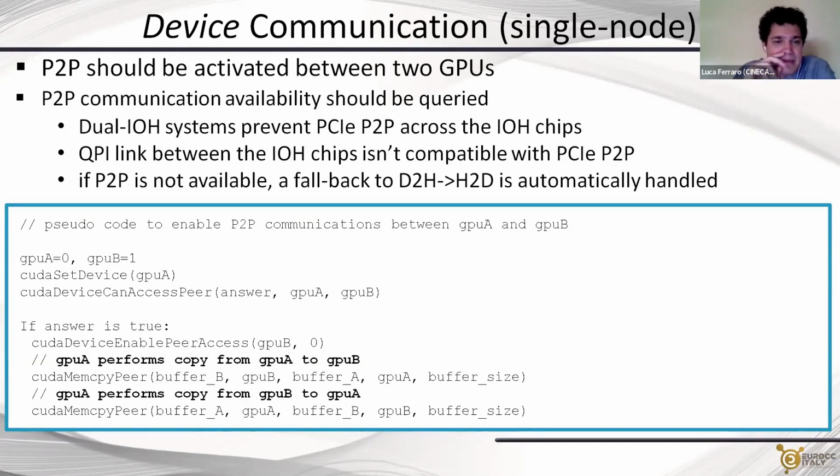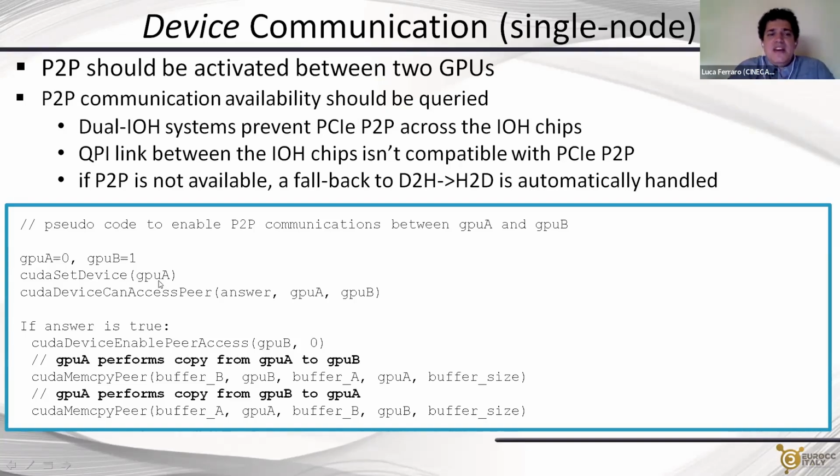In fact, before using this peer-to-peer transfer API, you have to query the availability of this peer-to-peer link between two GPUs. So for example, let's say we have GPU A and GPU B. This is GPU 0 and GPU 1.